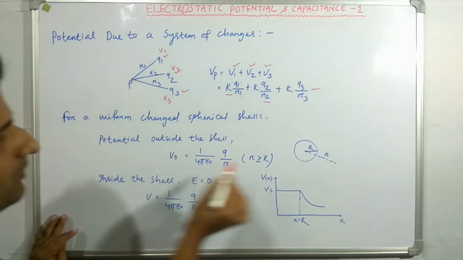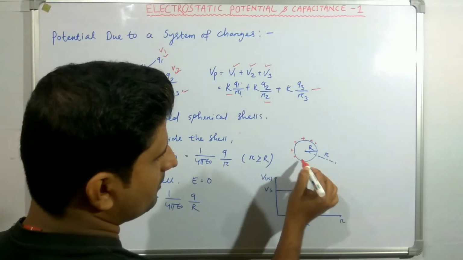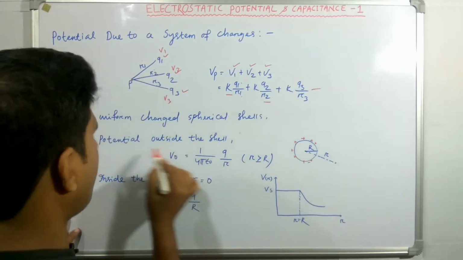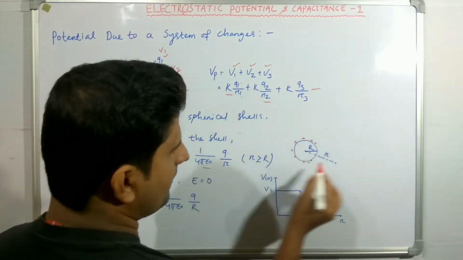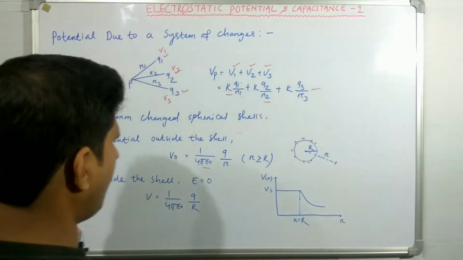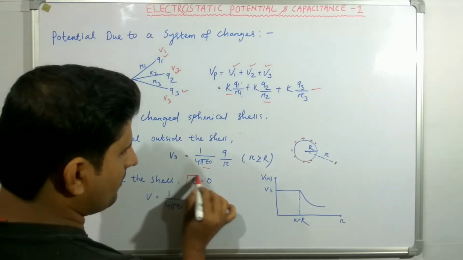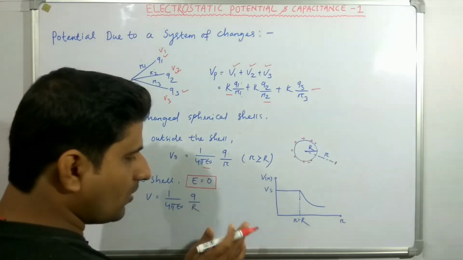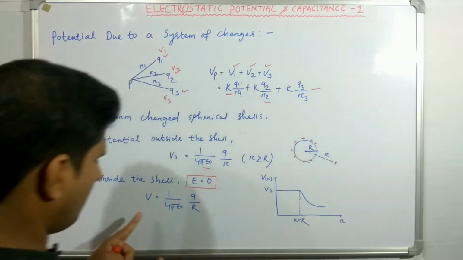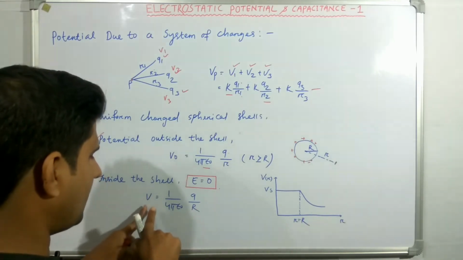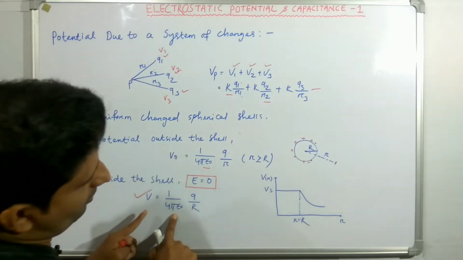And for a uniformly charged sphere, the potential outside the shell is 1 by 4 pi epsilon naught q by distance r. For inside the shell, the electric field is 0, so no work is done in bringing a charge, so the potential should be constant, equal to that at the surface, 1 by 4 pi epsilon naught q by r.